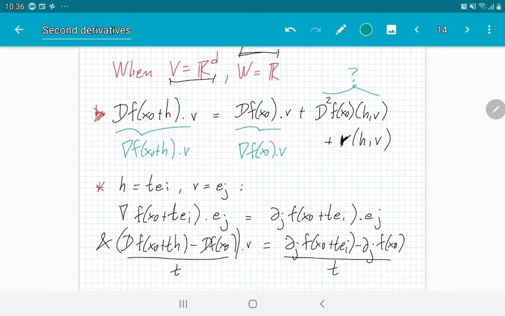So we have our expression: the derivative at x_0 + h applied to v is just the gradient of f at x_0 + h in inner product with v. The derivative at x_0 times v is this. Then we have this term, which we don't understand yet, and we have the remainder term.